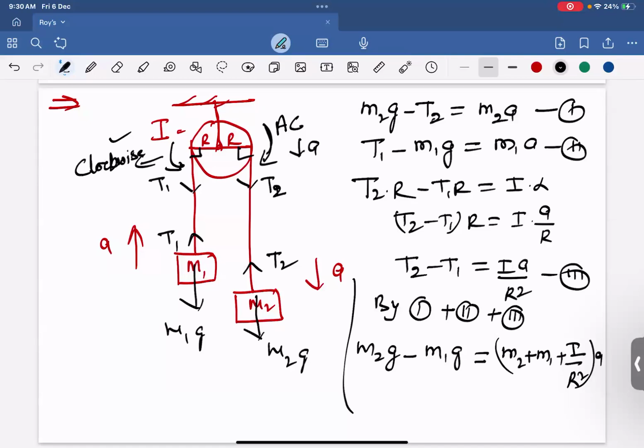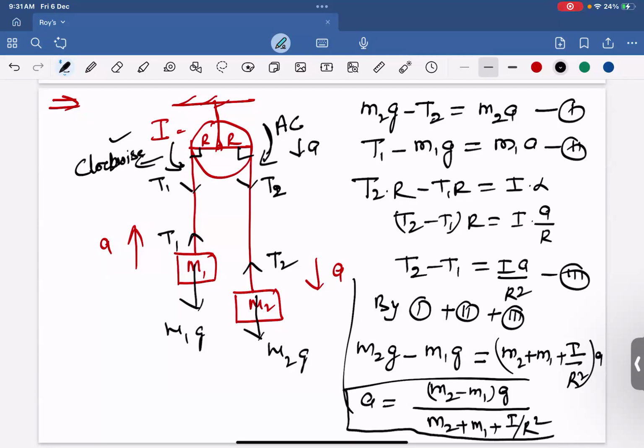It means the acceleration equation I have got here, taking g common, is M2 minus M1 multiplied by g, divided by M2 plus M1 plus moment of inertia divided by radius square.